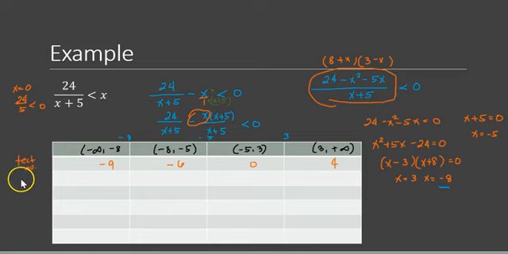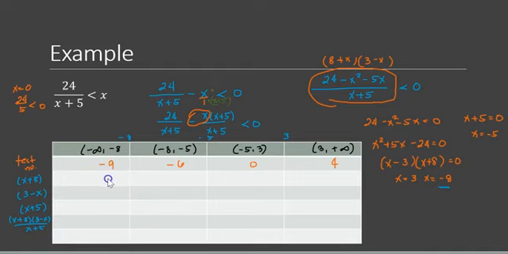Here are the factors we can use to evaluate: x plus 8, 3 minus x (you can also write that as negative x plus 3), and x plus 5, and then we do the entire fraction. Then we pick the numbers.